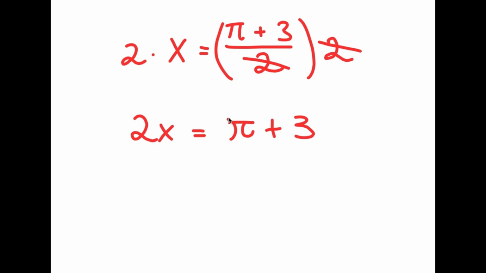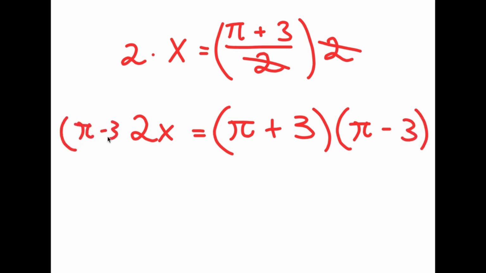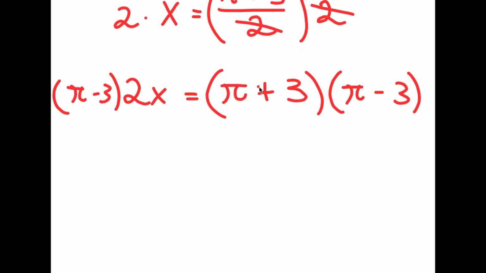And now, from here, I'm going to multiply both sides by pi minus 3. So I have pi minus 3 times 2x is equal to pi plus 3 times pi minus 3.